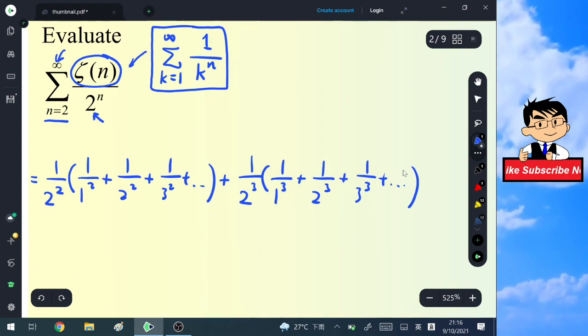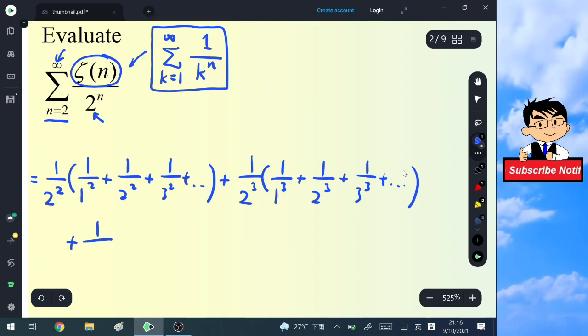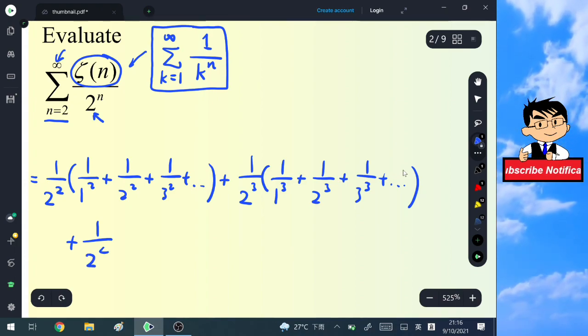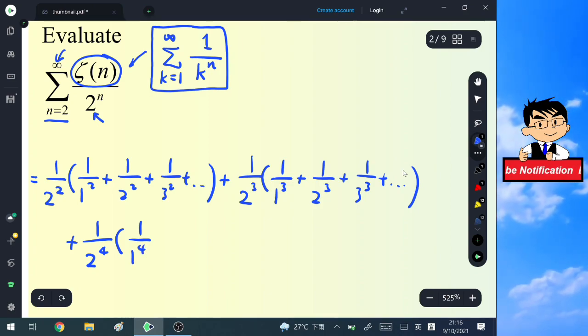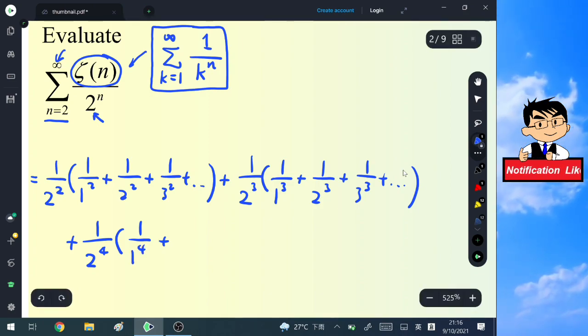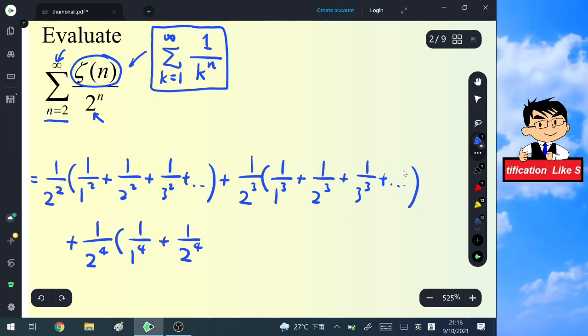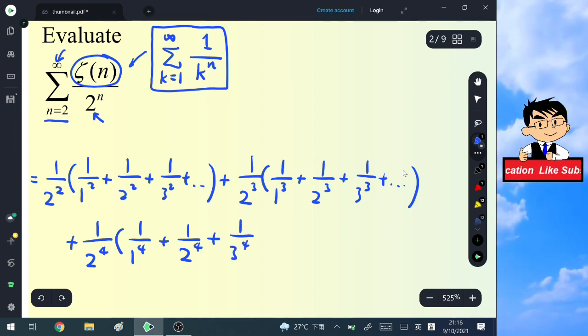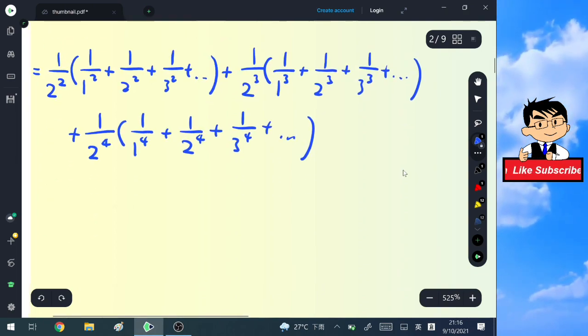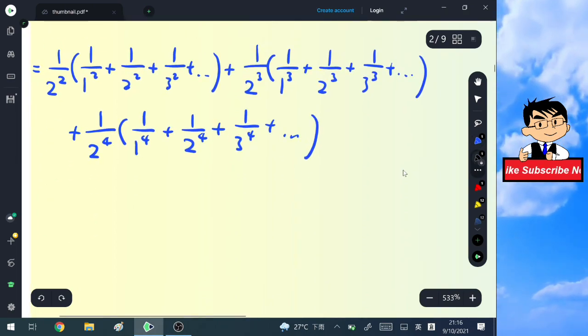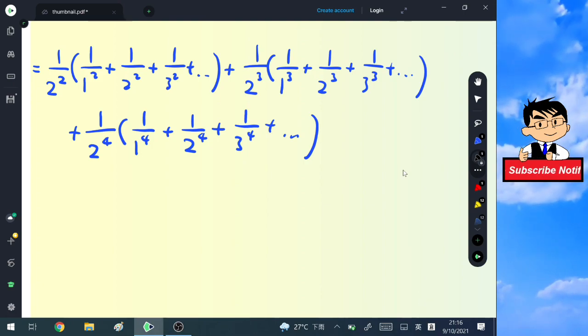And then let's write out one more term, plus 1 over 2 to the power of 4 multiplied by 1 over 1 to the power of 4 plus 1 over 2 to the power of 4 plus 1 over 3 to the power of 4 plus dot dot dot to infinity. Okay, let's find some pattern in this infinite sum.